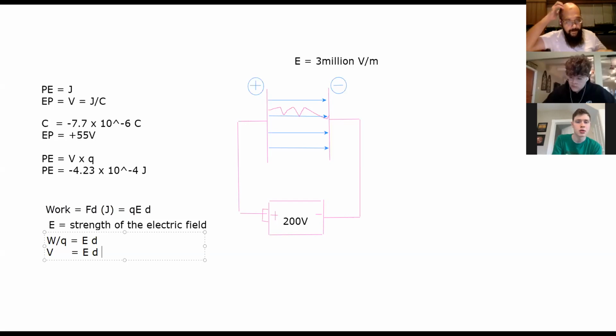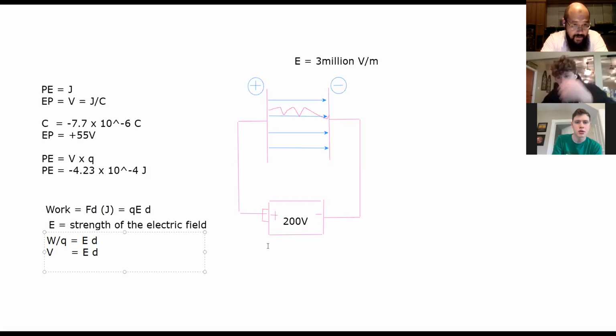And because your voltage between the two equals ED, you can find your electric field as equal to the negative of the voltage between the two points divided by the distance between the two points.